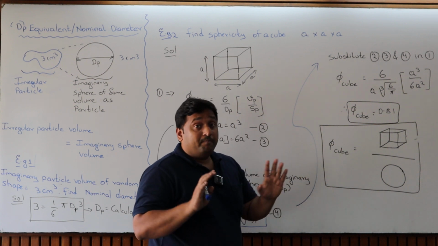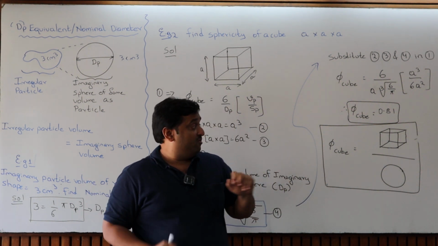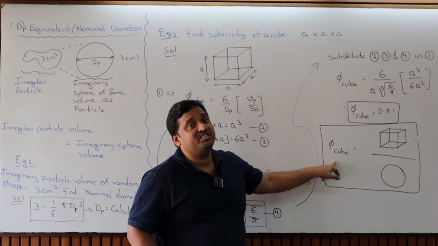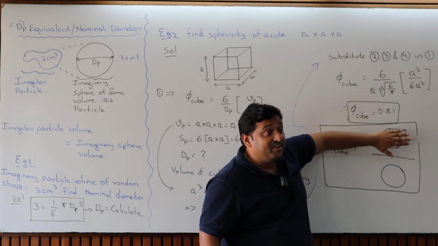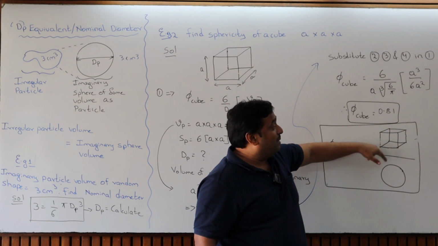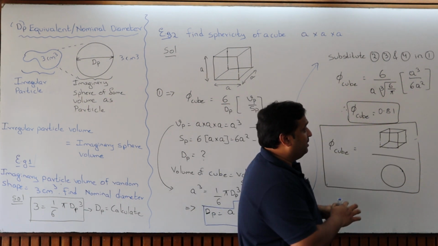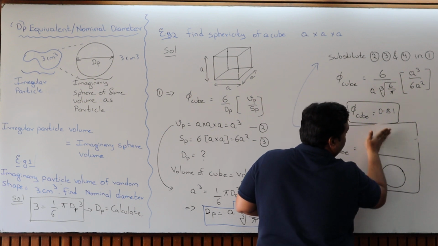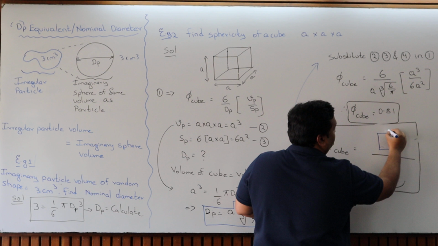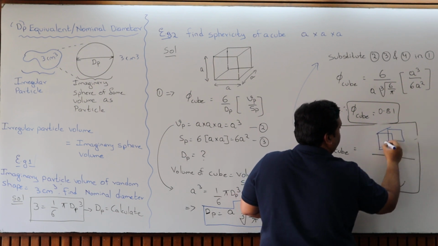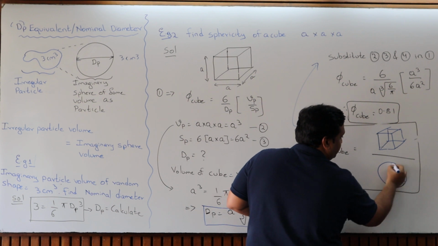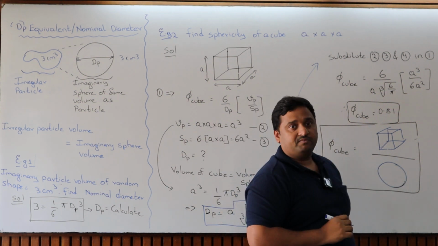So pictorially, what we have just calculated, the sphericity of the cube, means the surface to volume ratio of this particular particle divided by the surface to volume ratio of a sphere.